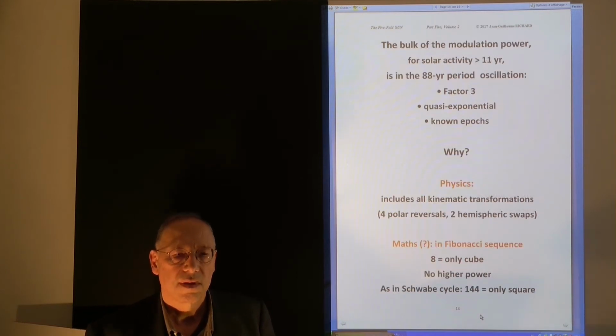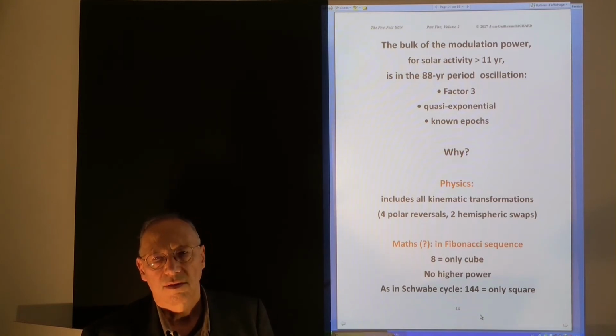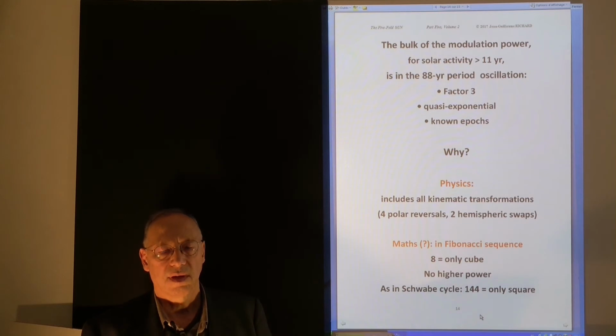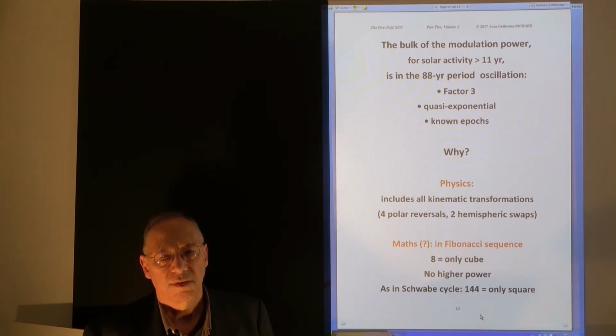And within the sequence at hand today, the bulk of the modulation power is in the 88-year period, because it is the period in which we find a factor of as much as 3 for the amplitude over the length of the cycle, which is not a sinusoidal cycle at all, as the Schwabe cycle is not at all a sine.